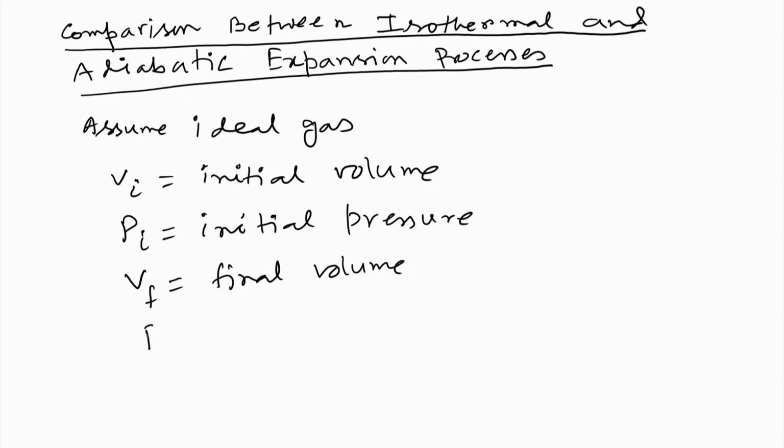And P iso is the final pressure for isothermal expansion.